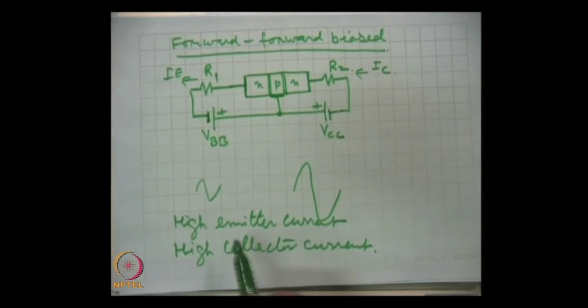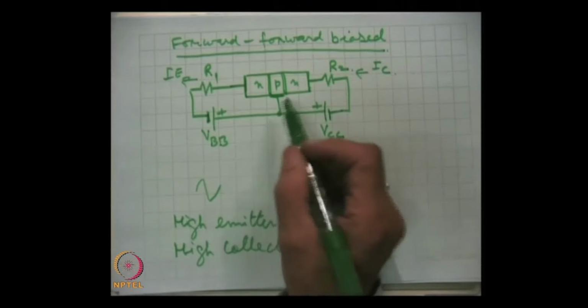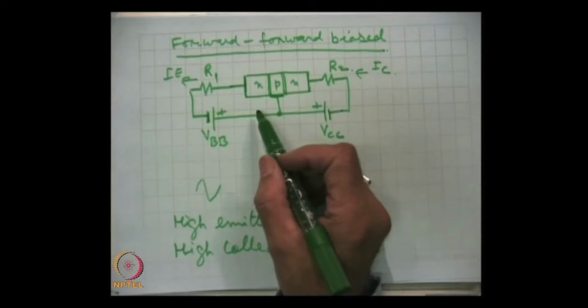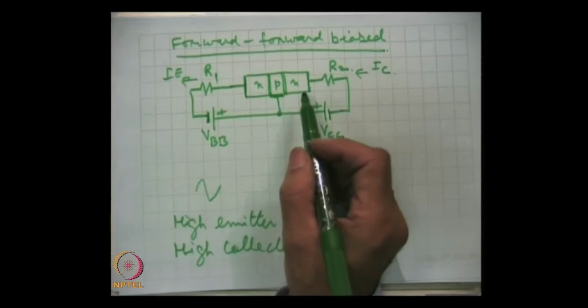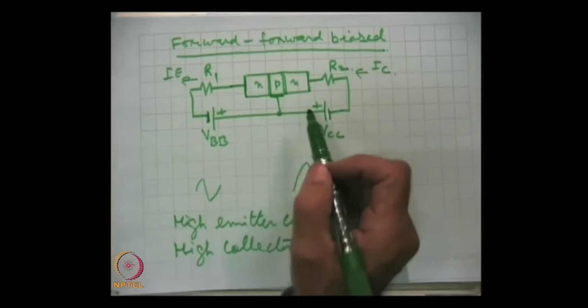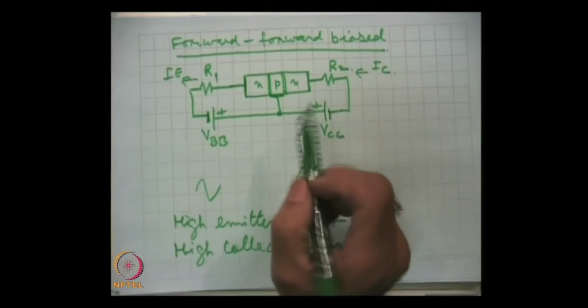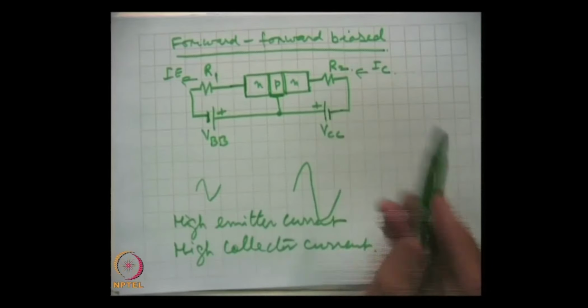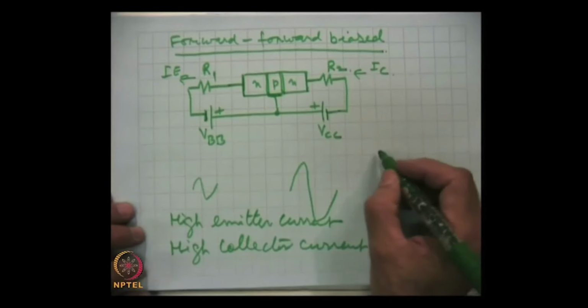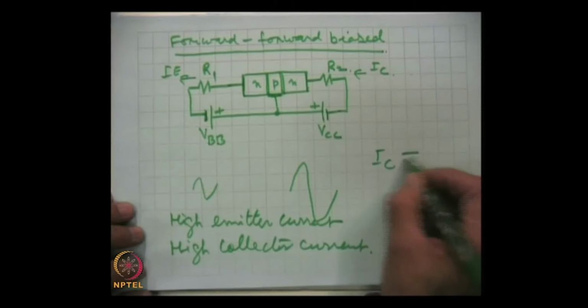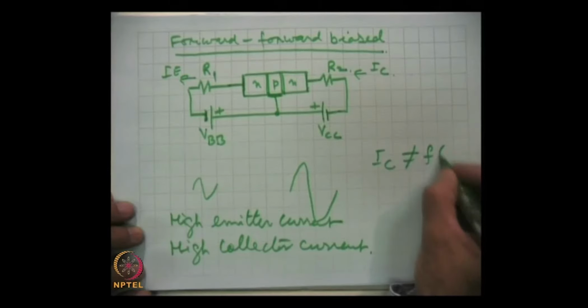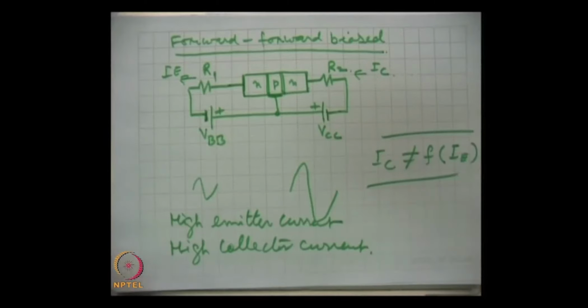In spite of the fact that high emitter current and high collector current flow in this circuit, with emitter junction forward biased and collector junction forward biased, the two currents are almost, this is important, almost independent. So, I C is not a function of the input current I E. This is very important for this case.